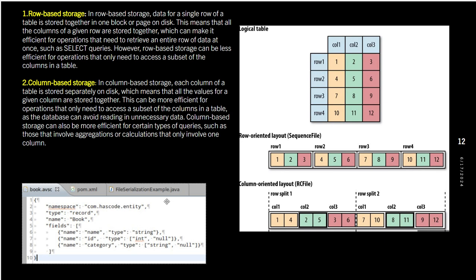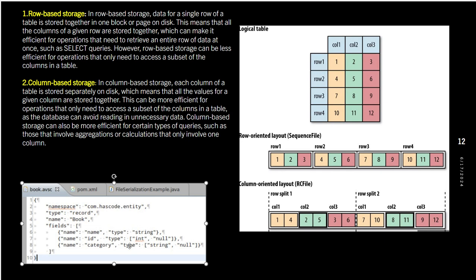So when I talk about the Avro schema, this is how it basically looks. If you look over here, there's this .avsc file, book.avsc, and over here the schema is specified as the name and the data type. The first one is the column name, and its data type is string. The second column name is ID, and the data type is integer, which can also handle null. And the third one is category.